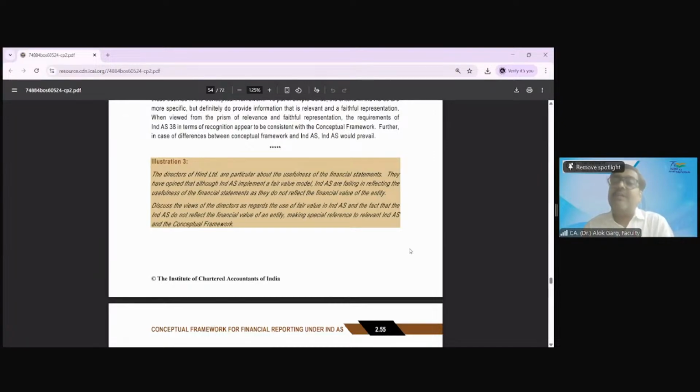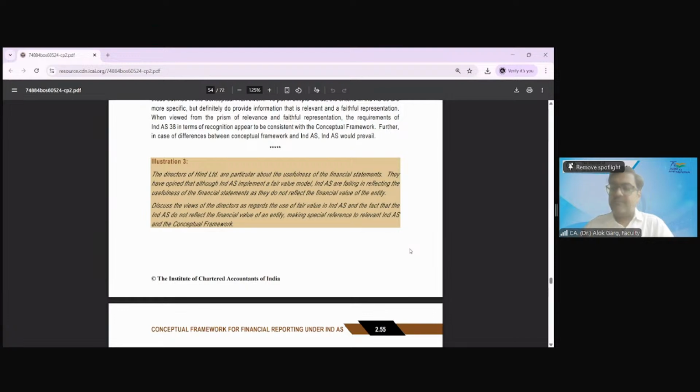Value in use is the present value of future cash flows. अब आप जब फ्यूचर कैश फ्लोज निकालोगे तो you will compute the future cash flows for a definite period. आप एक definite period का निकालोगे ना future cash flows, yes or no? Yes, sir. Yes, it has to be for a definite period.